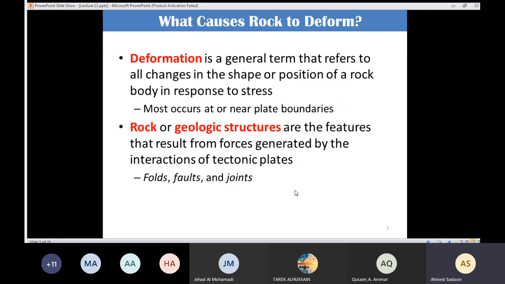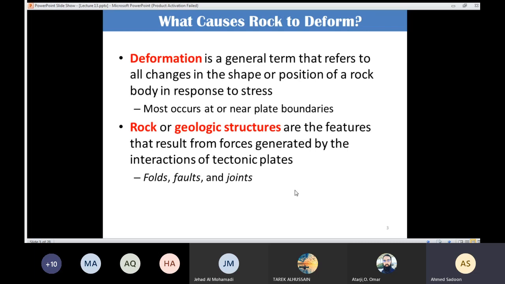Can anyone guess the answer? Because of the type of the movements, they either go against each other or go apart. Yes, which means that you are going to have stress. So most of the deformation is going to take place at or near the plate boundaries.